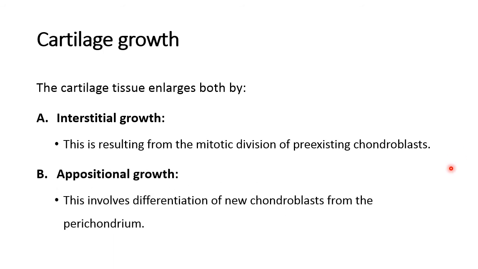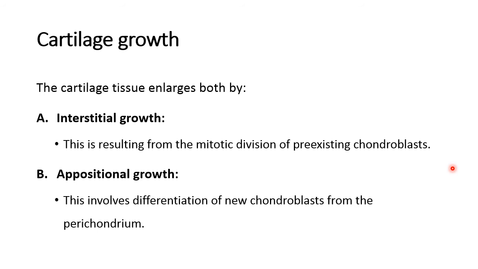النوع الثاني من الجروث هو الابوزيشنال جروث. الابوزيشنال جروث بينتج من differentiation of new chondroblasts from the perichondrium، يعني يكون في perichondrium أصلا في الكارتلج، تمام، من اتجاه البريكوندريوم يحصل differentiation لنيو chondroblast يتكون، ده بنسميه appositional growth.